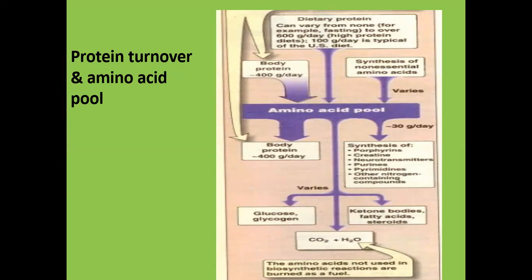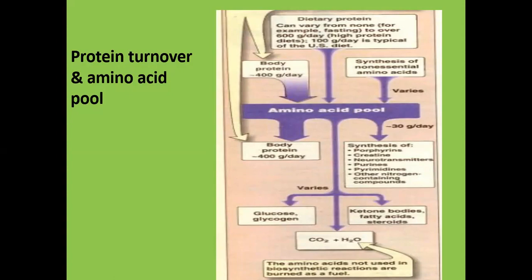The half-life of hemoglobin is limited to the half-life of the red blood cell. The half-life of liver proteins ranges from 30 minutes to 6 days. The half-life of the enzyme HMG-CoA reductase, which is the regulatory enzyme of cholesterol synthesis, is only 2 hours.